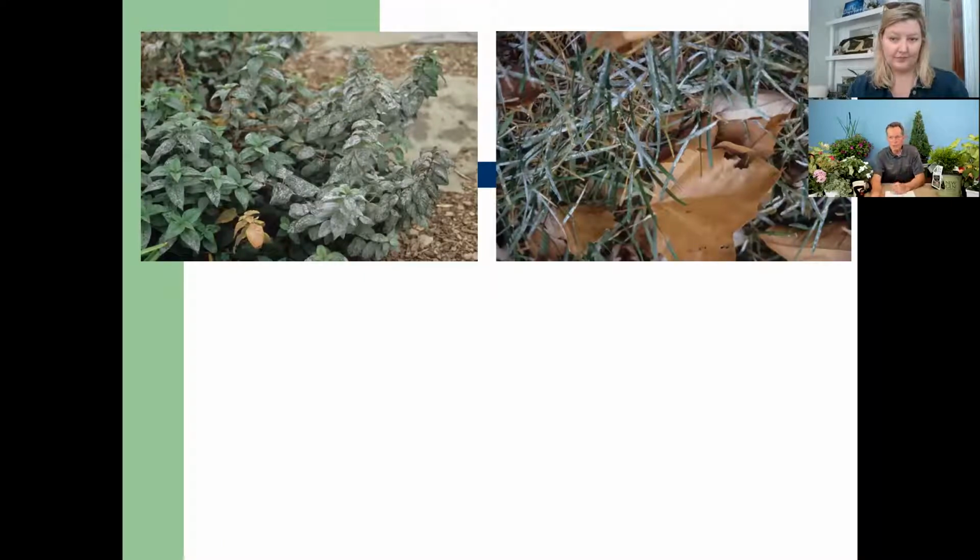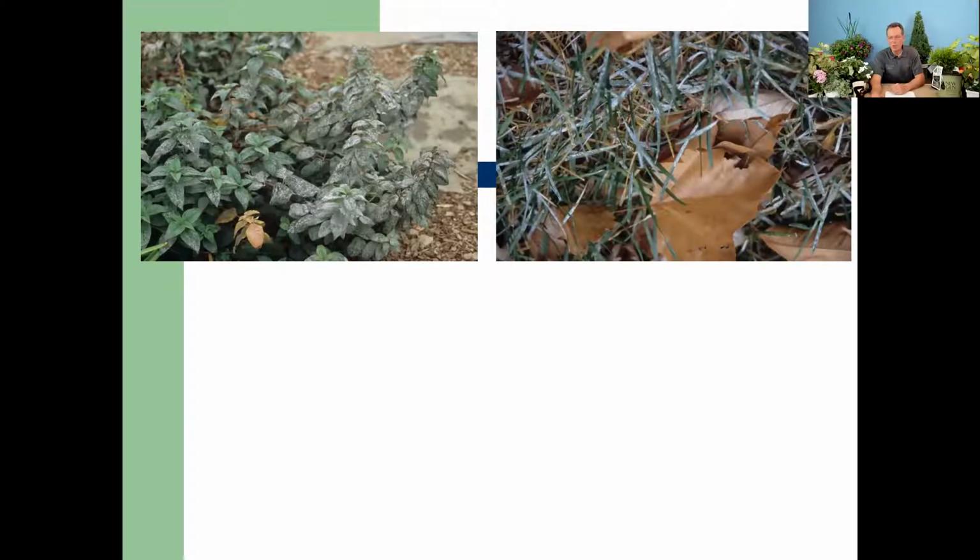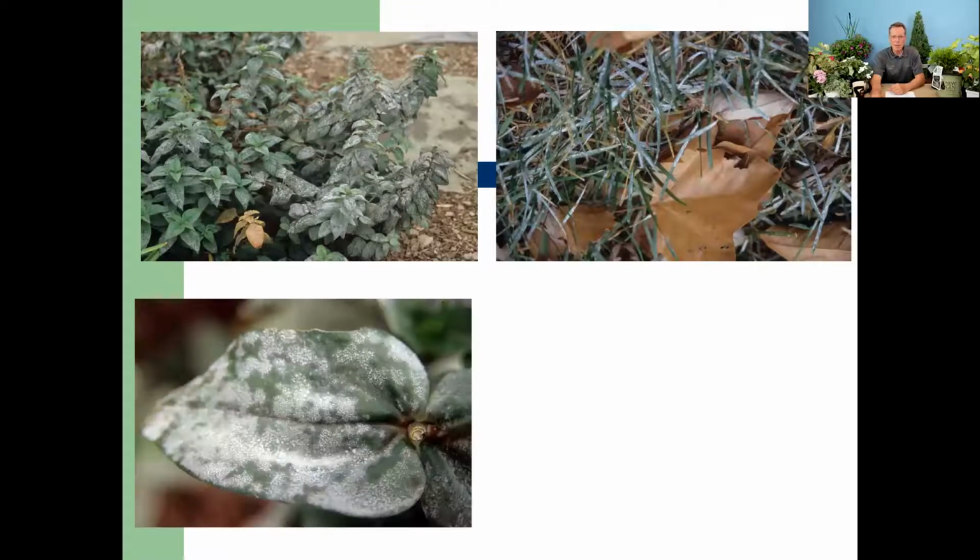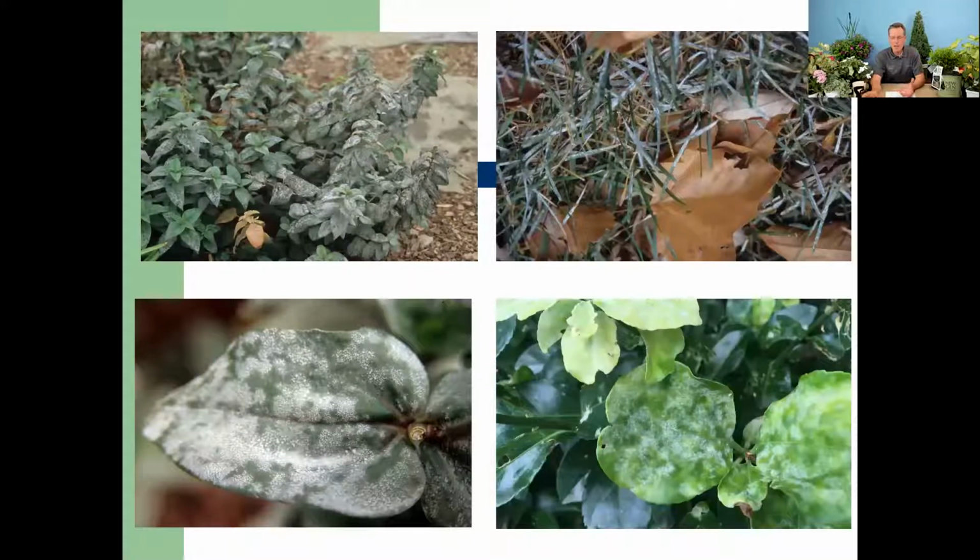This little image shows powdery mildew that occurs in turf grass. Powdery mildew on zinnias. So again, you're going to find this in perennials, turf, annuals, powdery mildew on the euonymus, trees, shrubs, vegetables. Like I said, this is pretty much a ubiquitous disease, and you're out there finding it at this time of year in your gardens.